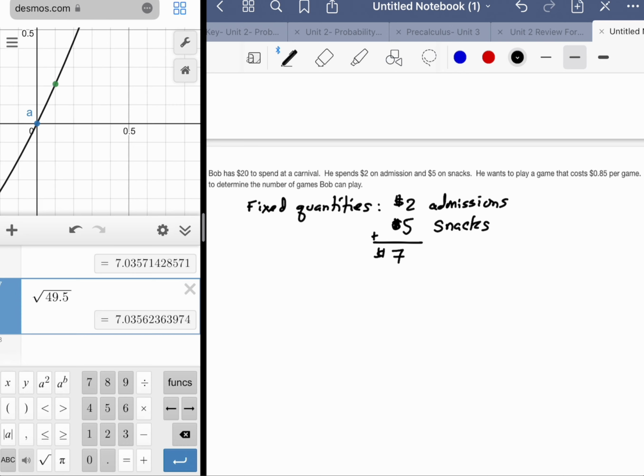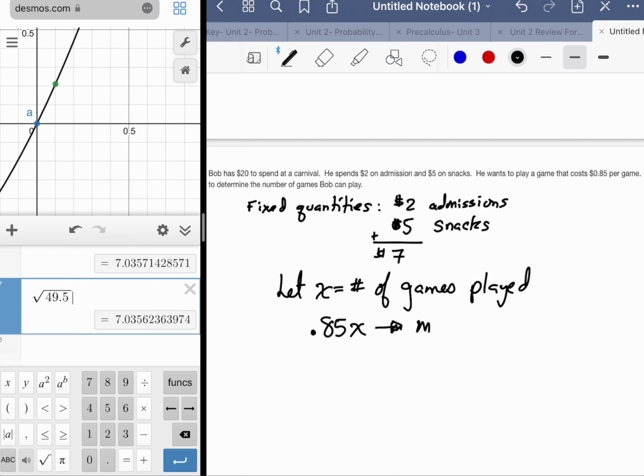So let x equal the number of games played. Number of games played would be x, and so 0.85 times x would be the amount of money spent on games. You wouldn't have to write all of this stuff.